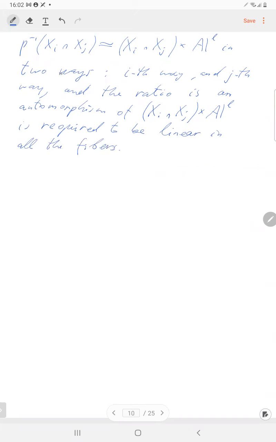Okay, so you see, all the algebraic varieties are glued from open pieces. There's nothing specific about this, but the vector bundles are glued also from preimages of open pieces of the base, but its gluing is linear in the fibers.